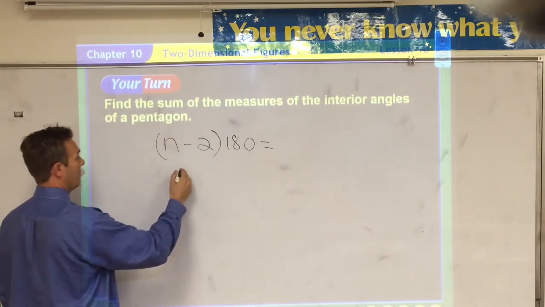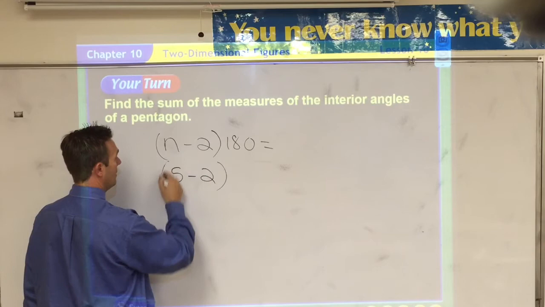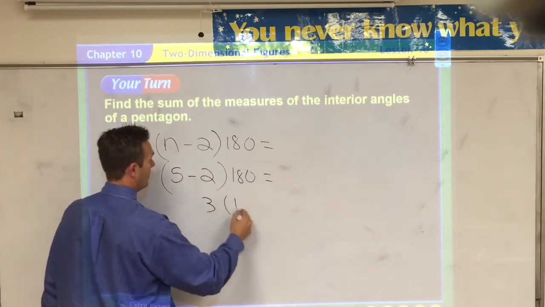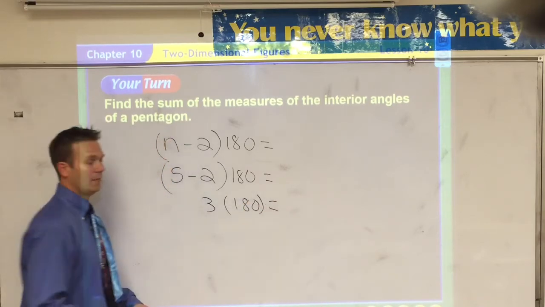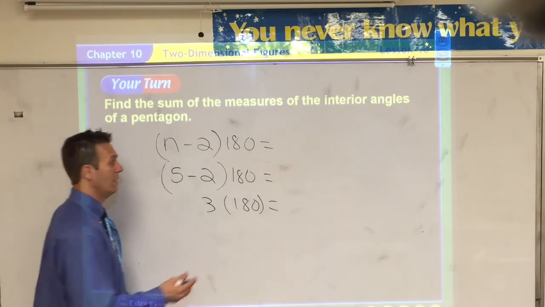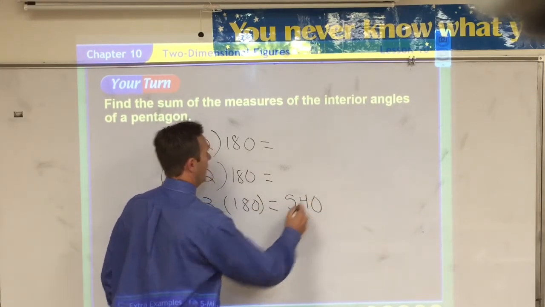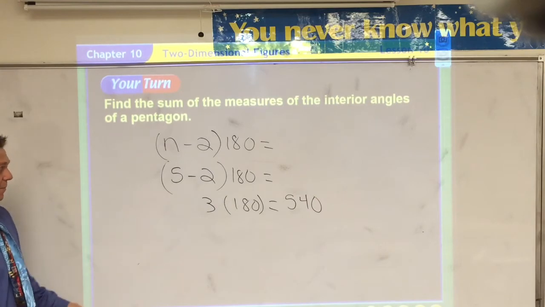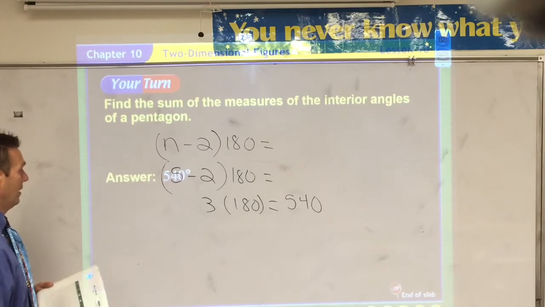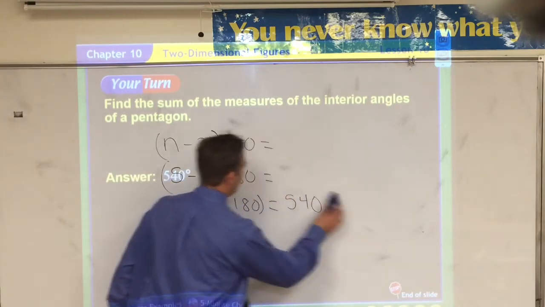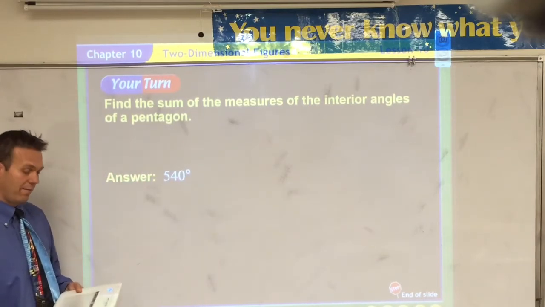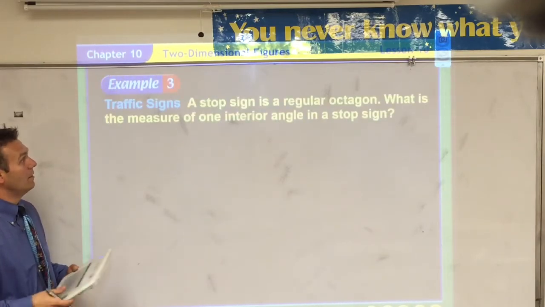It's a pentagon, so that's a 5-sided figure. 5 minus 2 times 180 equals. 5 minus 2 is 3 times 180 equals your answer, which would be 3 times 100 is 300, 3 times 80 is 240, so 540. And so the sum of the interior angles of a pentagon would be 540 degrees. So let's just make sure that we got that right. And yes, we did, 540 degrees. Okay, so it's just using that formula and substituting in for the number of sides.